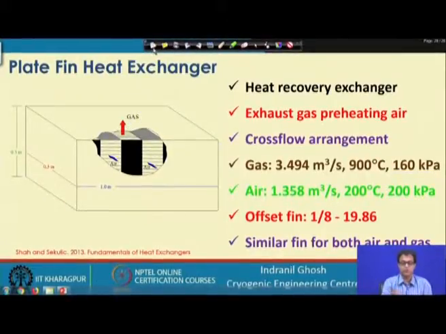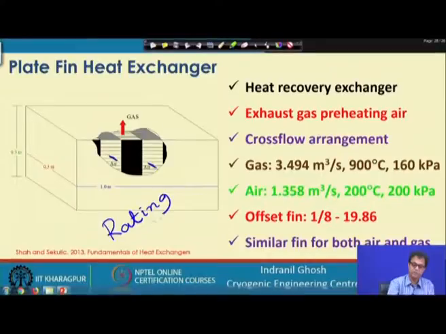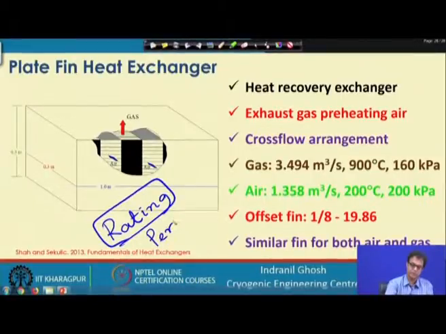We have already talked about it, that this is basically a rating problem, or nothing but a heat exchanger performance problem. So, rating or heat exchanger performance evaluation or simulation, whichever name we call it.